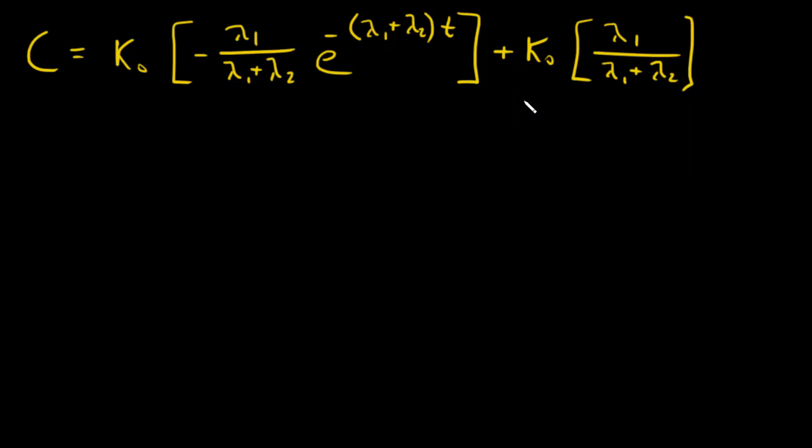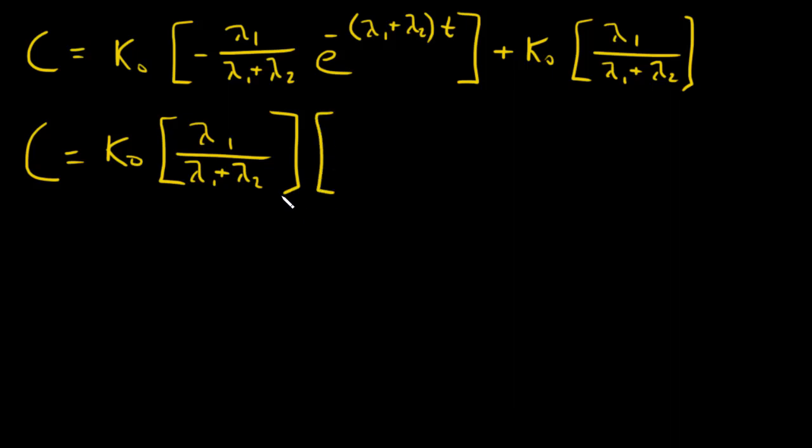So it's not too bad, because now I can factor out K naught times this stuff, because both of those have that in common. So if I factor out this, I wind up with C equals K naught times lambda 1 over lambda 1 plus lambda 2 times 1 minus e to the negative lambda 1 plus lambda 2 t. Okay, 2 steps of algebra.